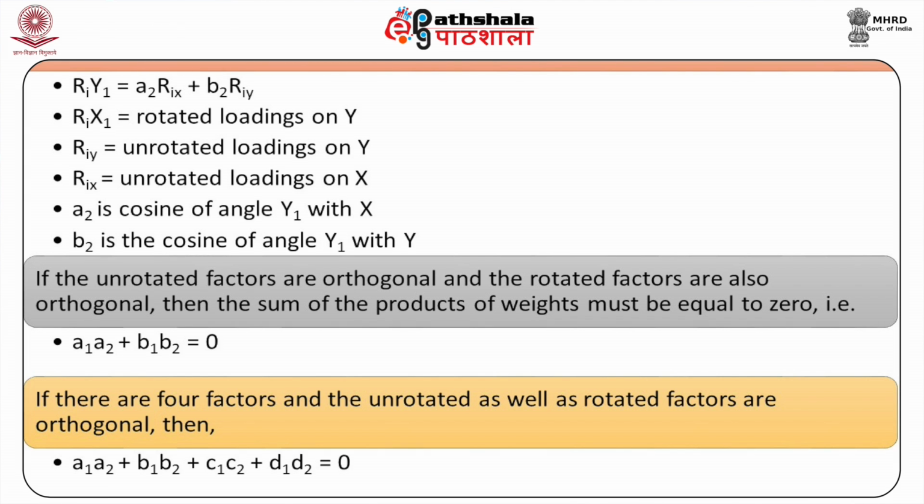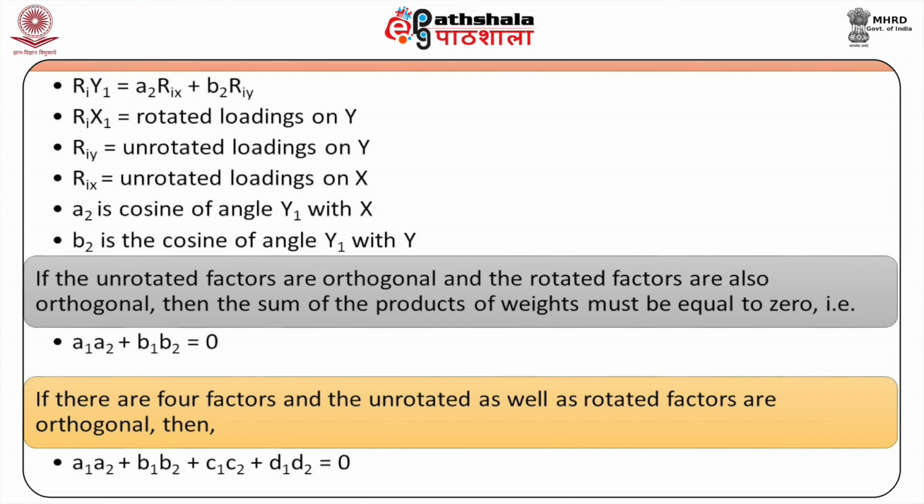If the unrotated factors are orthogonal and the rotated factors are also orthogonal, then the sum of the products of weights must be equal to 0, that is A1 A2 plus B1 B2 should be equal to 0.